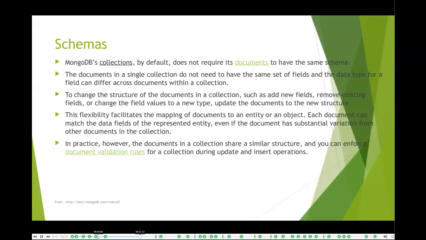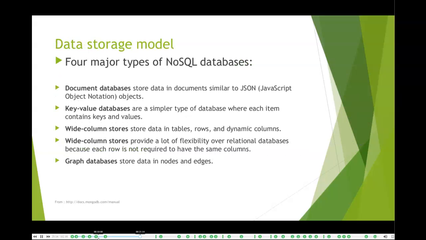Maybe I can add some comments about each one. In terms of type, with NoSQL databases we have 4 major types. Not all NoSQL databases follow the same style that we are using here within MongoDB.